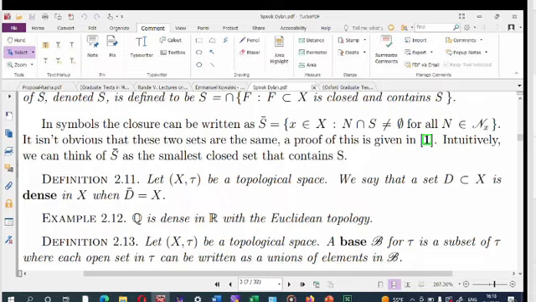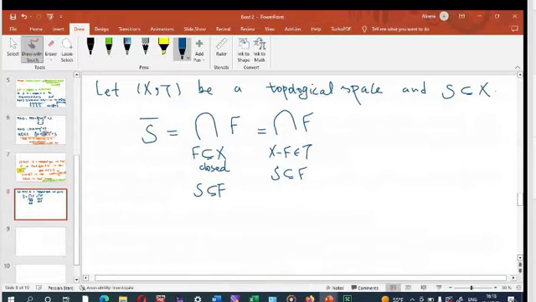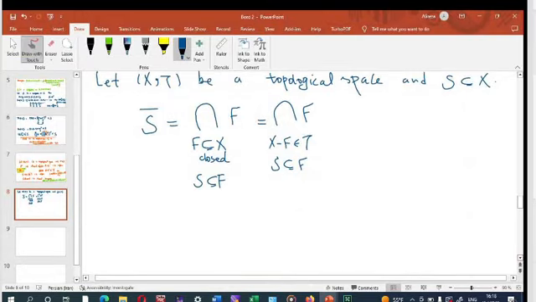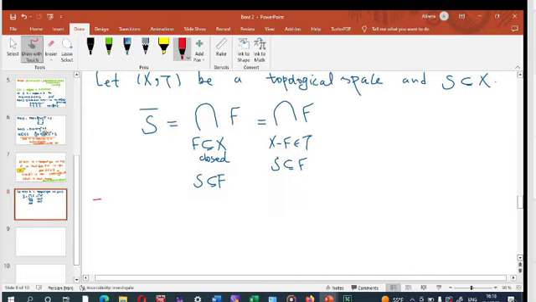And it is very trivial because for any neighborhood of X, we have this example. The closure of Q equals the real numbers.